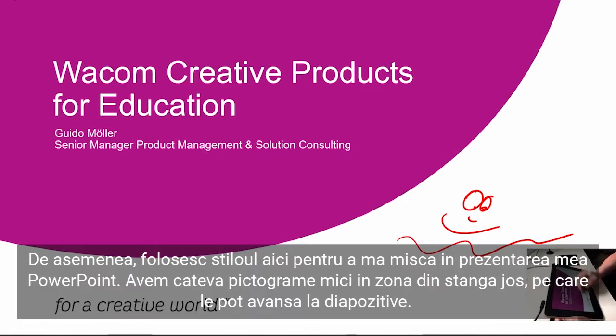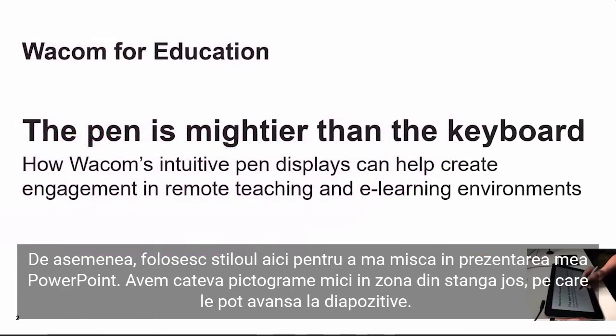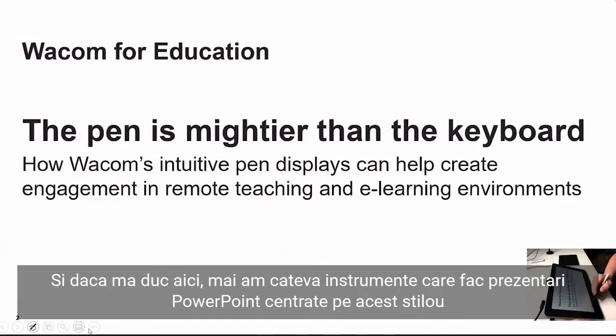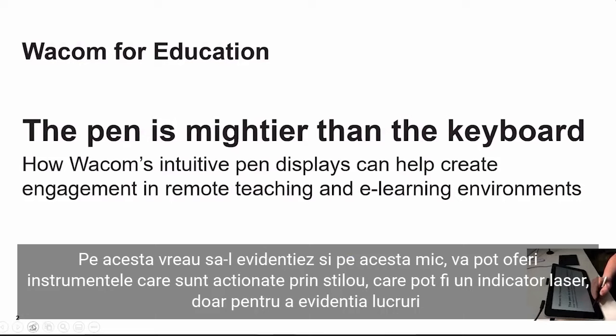I also use the pen here to move in my PowerPoint presentation. I have the small icons in the lower left area, which I can use to advance the slides. If I go here, I also have some more tools which make PowerPoint presentations quite pen-centric. This small icon gives you the pen-driven tools, which can be a laser pointer, just to highlight stuff without drawing anything on the screen.